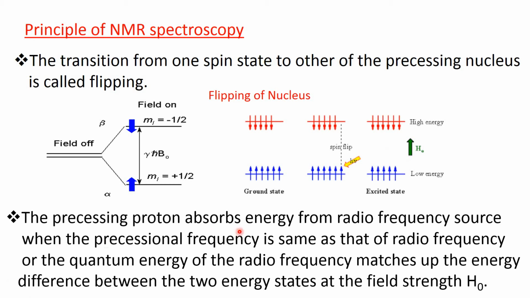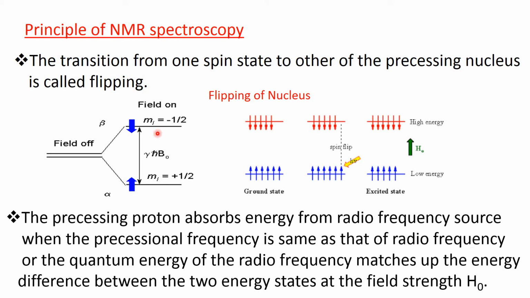The precessing proton absorbs energy from a radio frequency source when the precessional frequency is the same as that of the radio frequency. That means the nucleus is precessing when its precessional frequency is the same as that of the radio frequency. Let me tell you one thing.